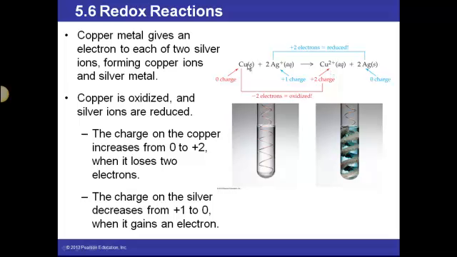It's gone from 0 to +2. So this one is the one that loses electrons, and so it is the oxidized component. The silver is going from a positive charge to a neutral charge, so it's gaining electrons. It's becoming more negative. And so as it gains electrons, it is becoming reduced. So it is the grr part of the equation.